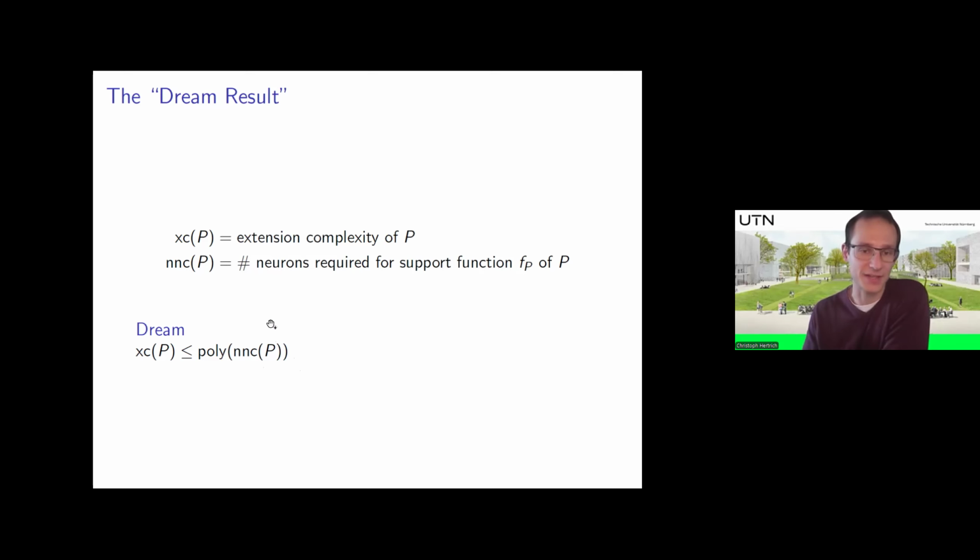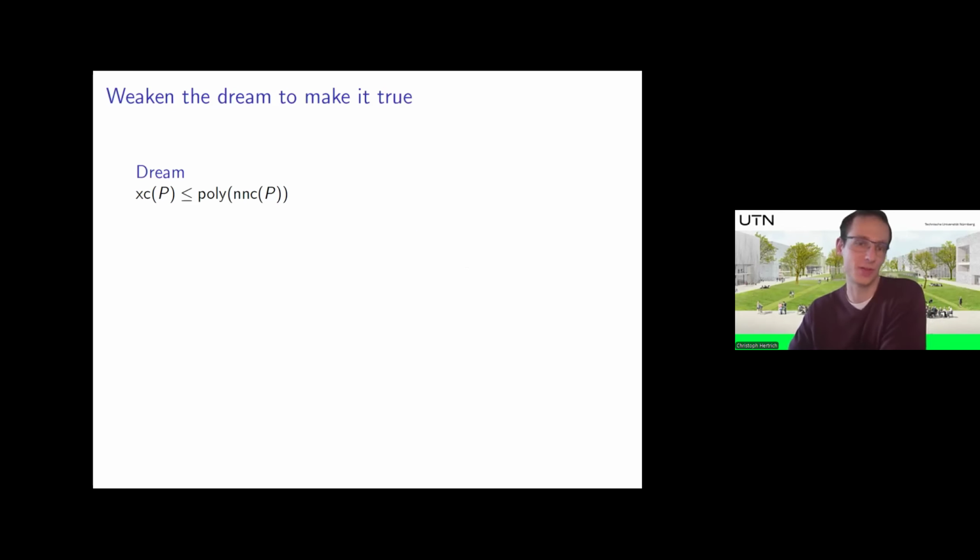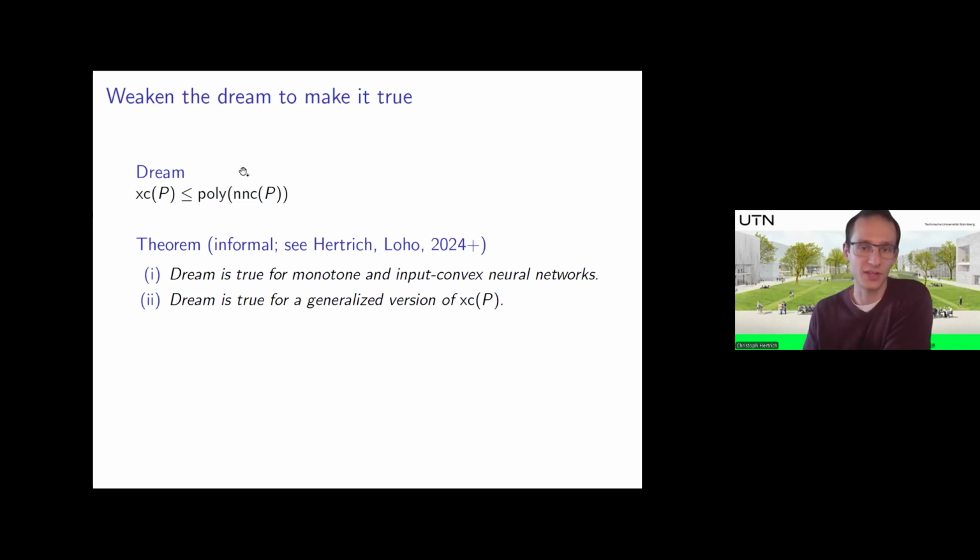And again, as I said earlier, when I don't know how to solve something, what do you do? Well, you weaken your dream to still make it true. And there are two ways in which we did that. The one way of weakening this inequality is you restrict the class of neural networks you're talking about. So we proved that the dream is actually true if you restrict to monotone or input convex neural networks.